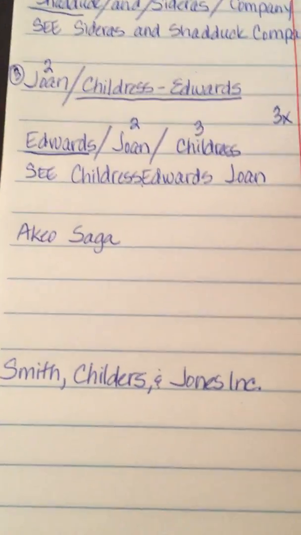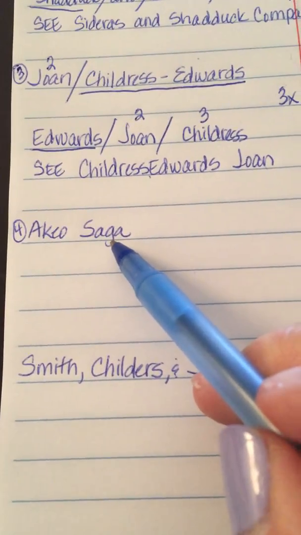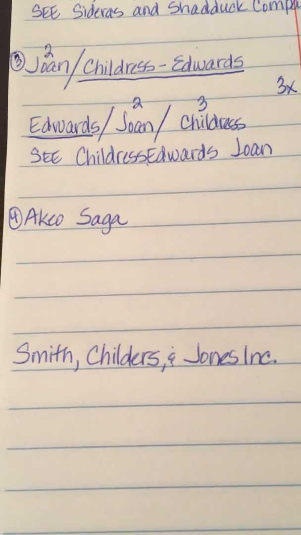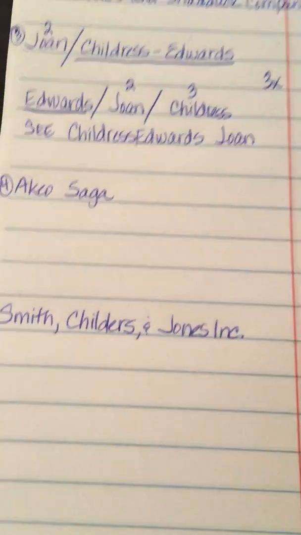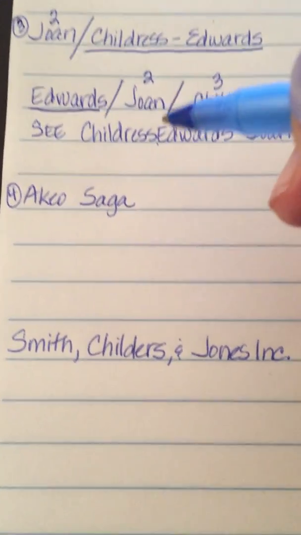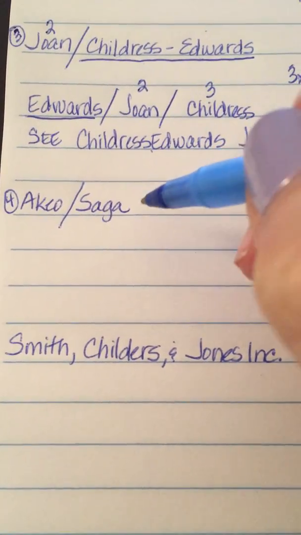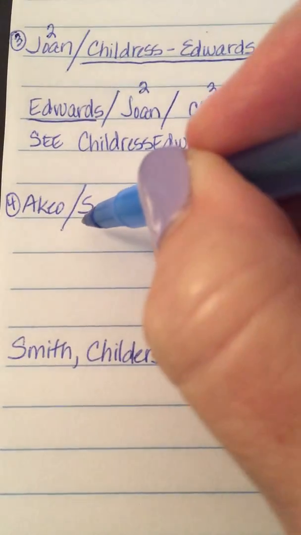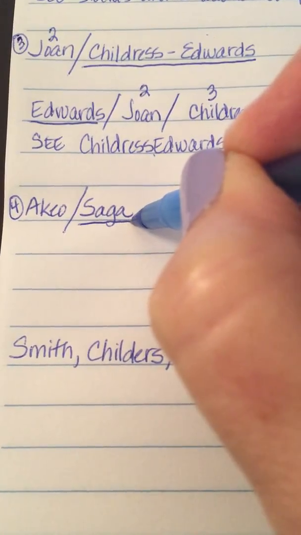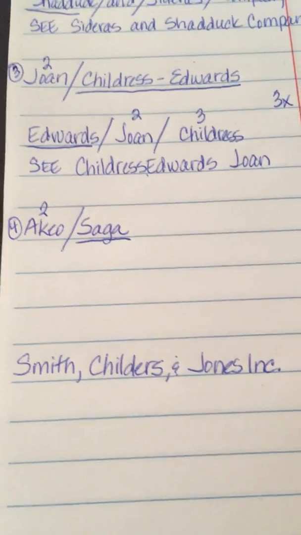All right, now a Keosaga. This is an example of an unusual name. Any foreign names, or if you have a person with two possible first names, like David Allen or something like that, you would do a cross-reference for. So if this was considered a foreign name, and it is, we are going to assume that the last unit is the surname. So that's going to be the key unit, and then Akio would be the second unit.